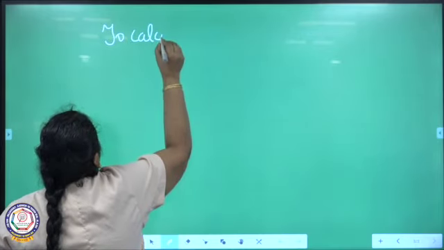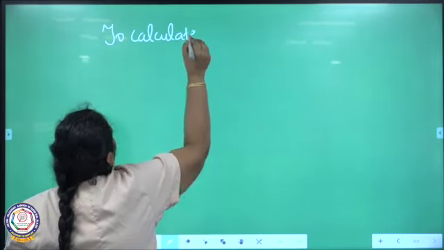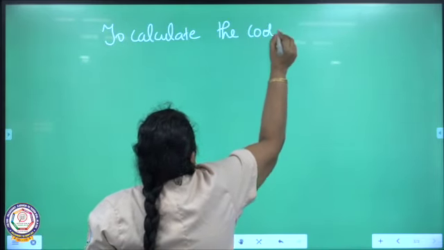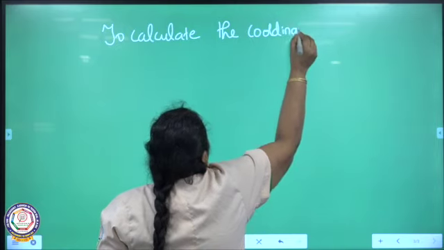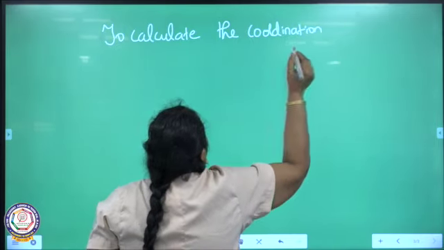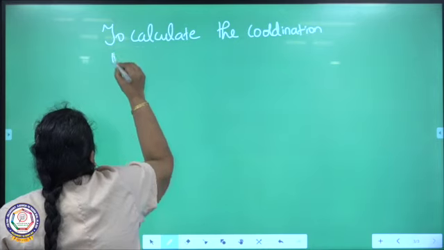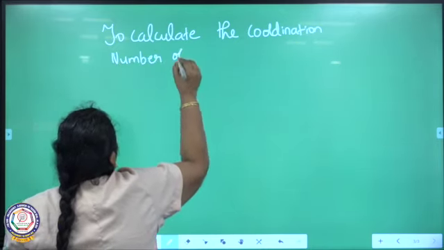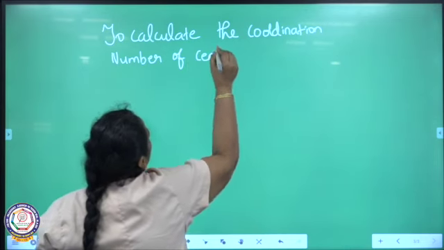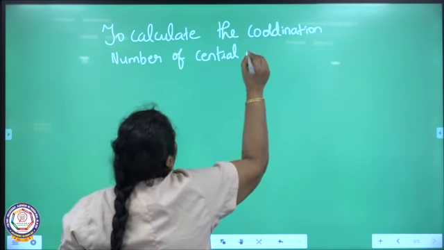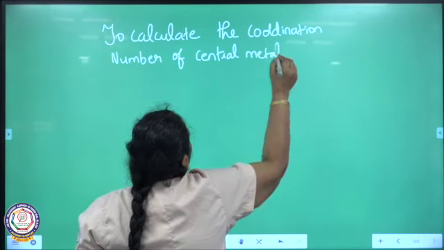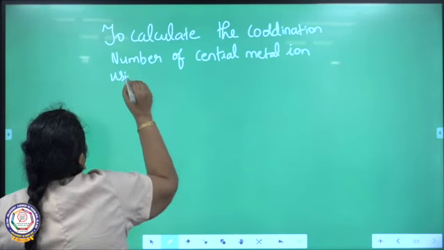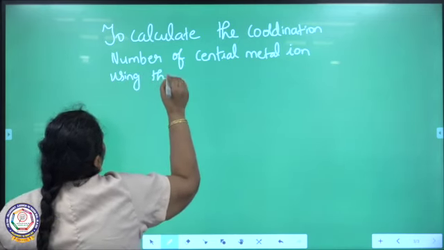So we are going to calculate the coordination number of the central metal ion using the polydentate ligand.